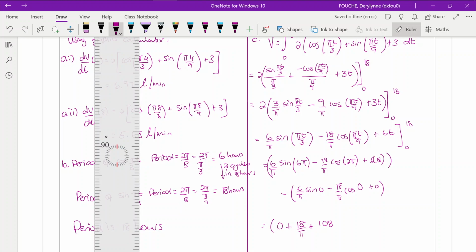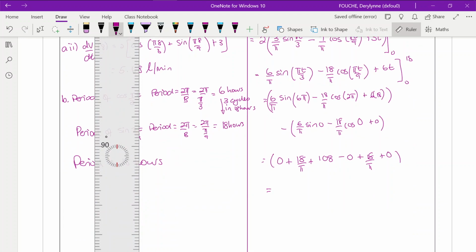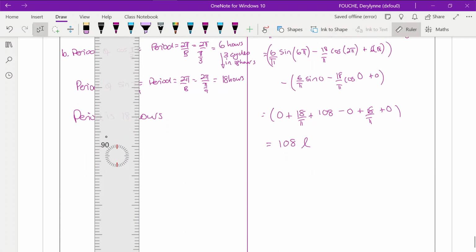Sine of 0 is 0, so minus 0. Cos of 0 is positive 1, so minus 18 on pi, and that all cancels to give me 108 plus 36 on pi. And this was with a calculator anyway, so you would have just put it in. But I wanted to show you and go through the process anyway. It's 108 liters, so therefore the total volume that flowed in one cycle is 108 liters.